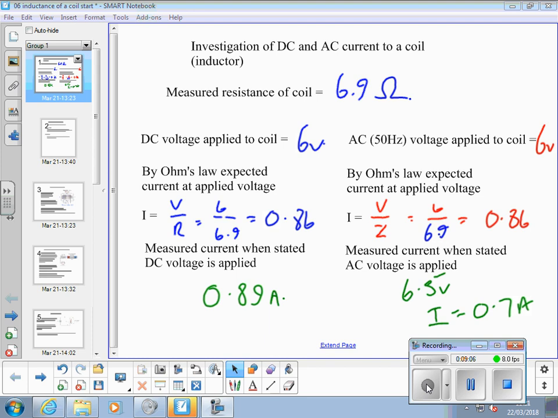And that value is a complex value. It's got a magnitude and a direction. Right, so we're back to our complex numbers that we were doing in maths a couple of weeks ago. Okay, to a certain extent.